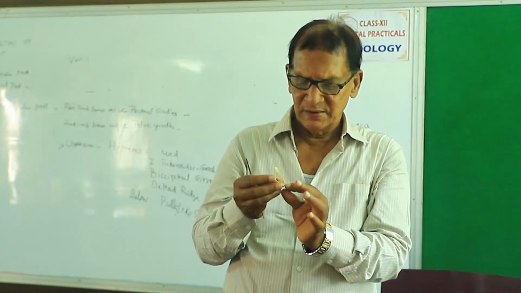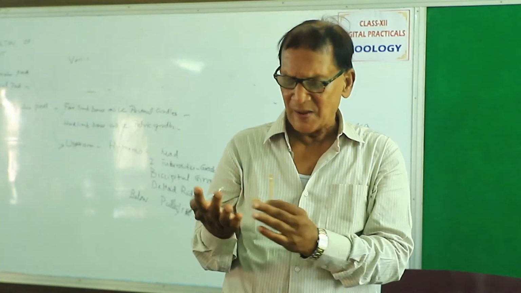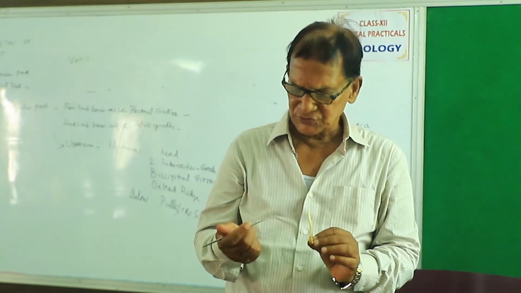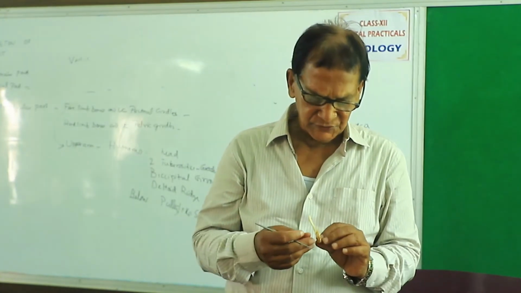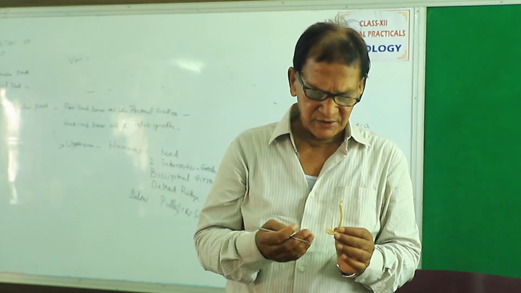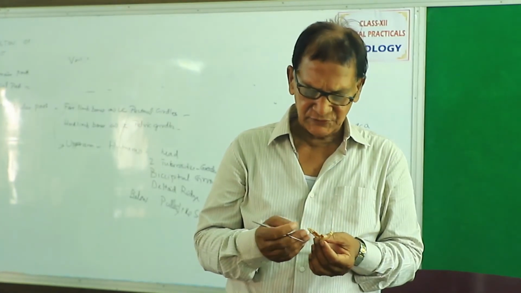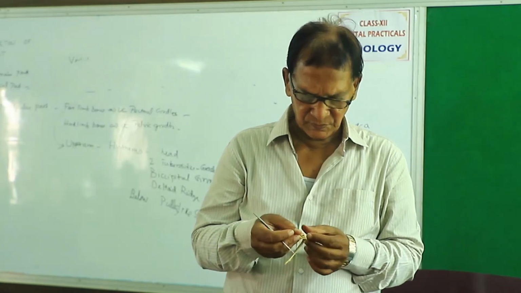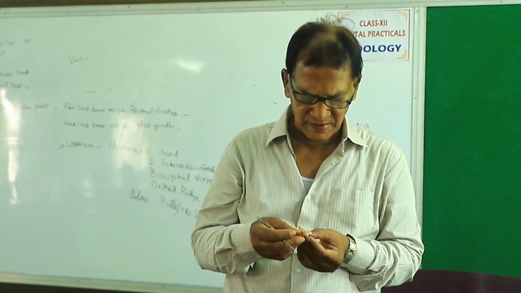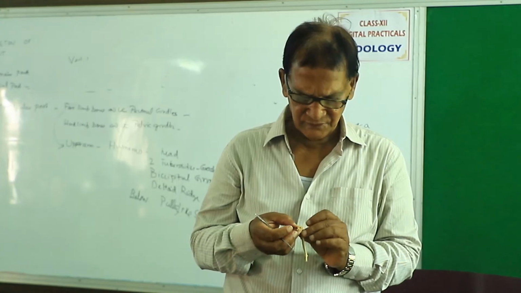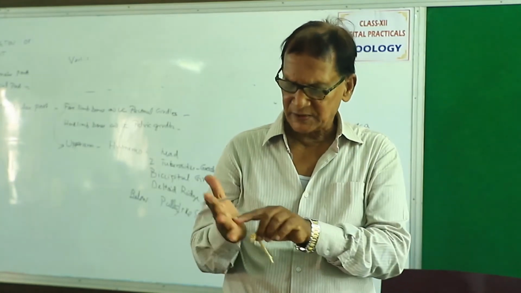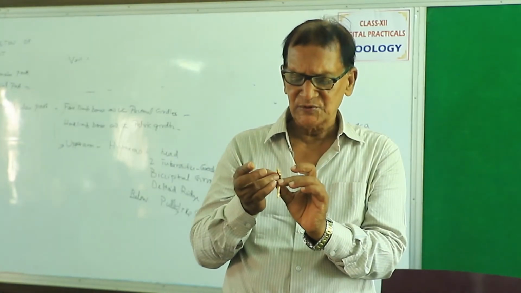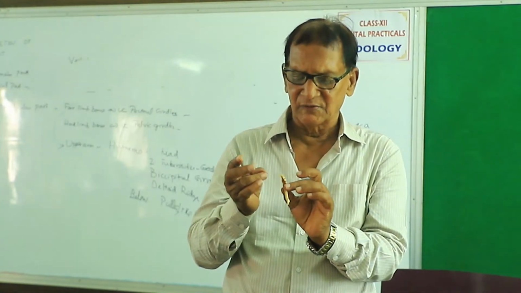And beyond the wrist region, we have the palm region. The palm region bones are called the metacarpals, and each metacarpal carries several phalanges. There are five metacarpals, the bones of the palm region. Each metacarpal carries several phalanges.